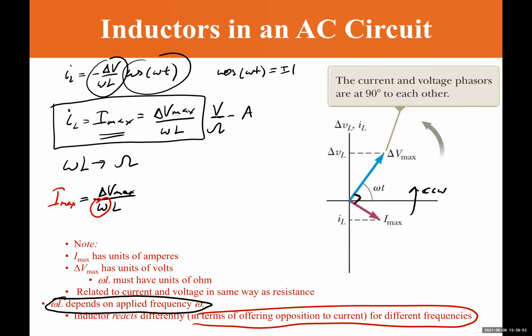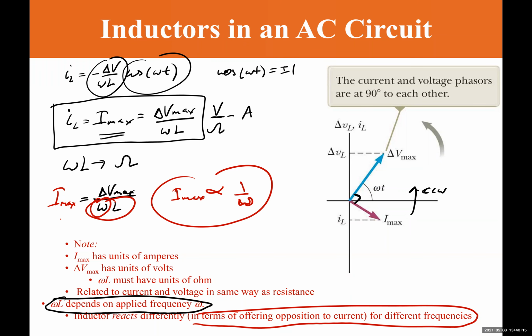And you can see right here, I max is proportional to 1 over omega, which means that this quantity, in terms of what it has as a resistance, changes with frequency. That means, for example, how much it can resist. Remember, resistance in the circuit basically is to control the current.